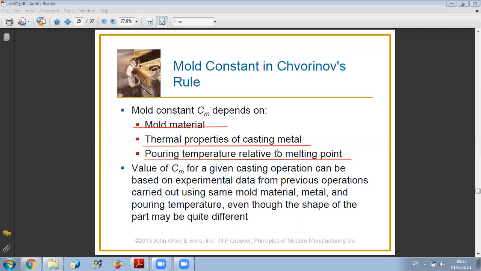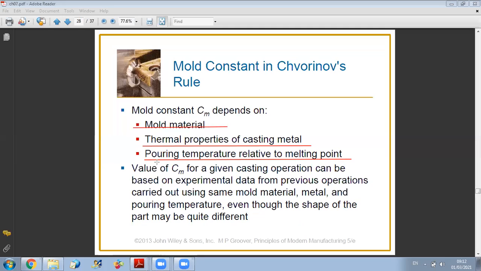Okay, so these factors will affect the mold constant, and the value of Cm for a given casting operation can be based on experimental data from previous operations carried out using same mold material, same metal, and pouring temperature, even though the shape of the part may be quite different.